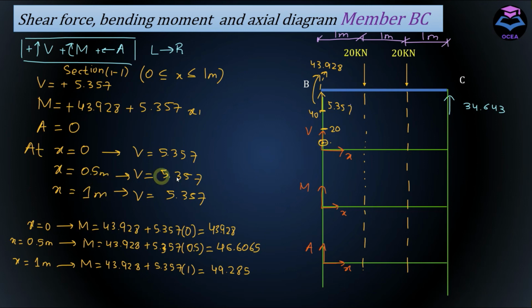And at x equals 0.5, it's constant. At 1, it's also 5.357. So at x equals 0, M is equal to 43.928. 43.928 will be somewhere here.